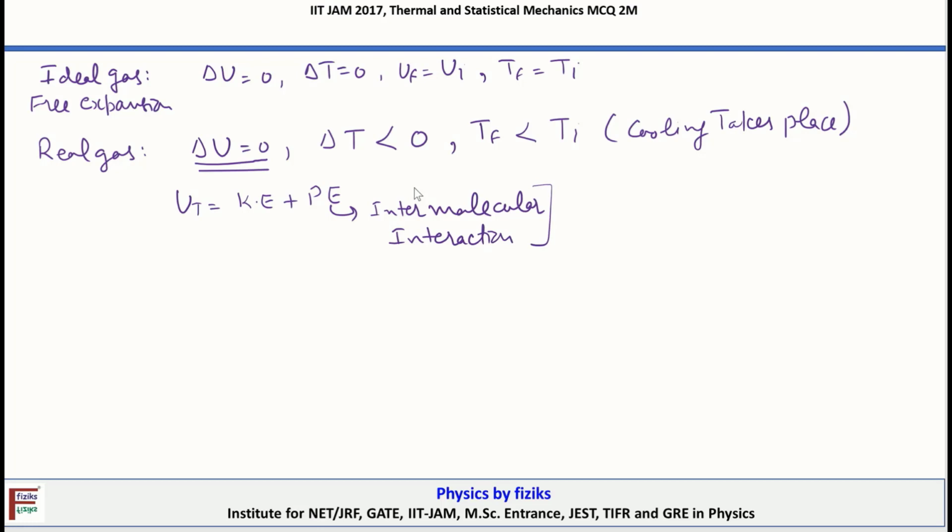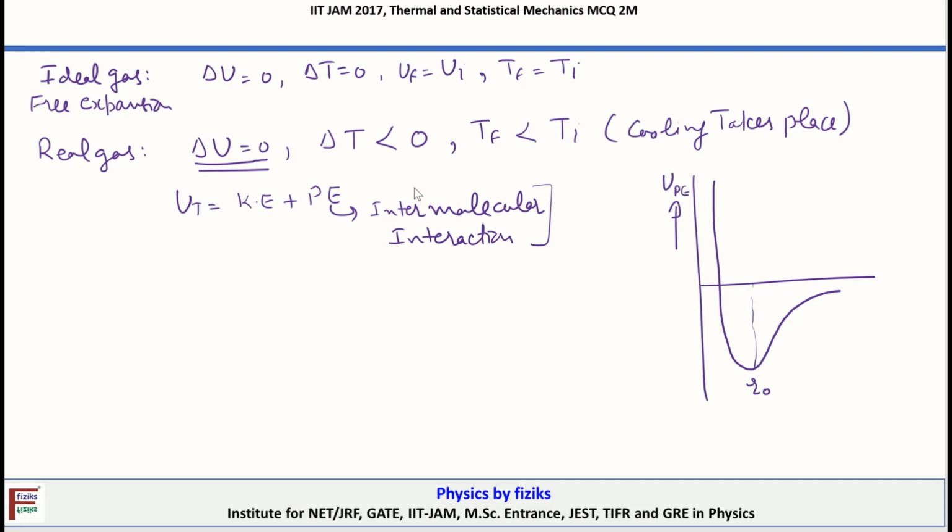So the sum of these two energy terms is going to be constant all the time. But when the real gas expands, this can be understood qualitatively with the help of this diagram. Here this is the equilibrium separation between the different gas molecules. Let's call this R0, and this is the potential energy term, U, potential energy.